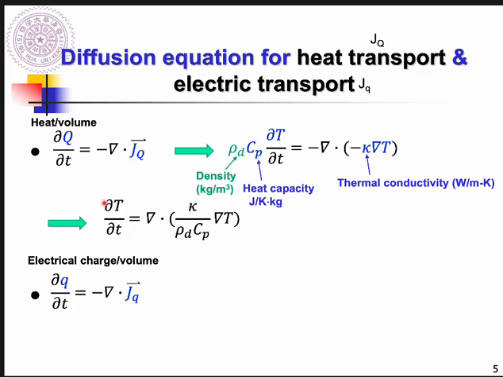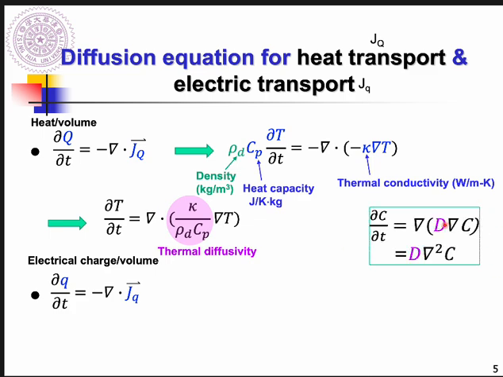Then you can see that we get the temperature change rate equal to kappa divided by density and heat capacity, times the second gradient of the temperature. Some people call this the thermal diffusivity, similar to the atomic diffusivity for mass transport. As long as you solve this diffusion equation for heat transport, you can get how the temperature changes with location and time.